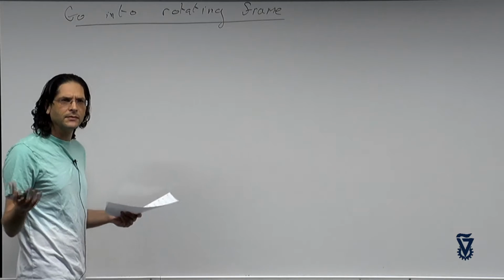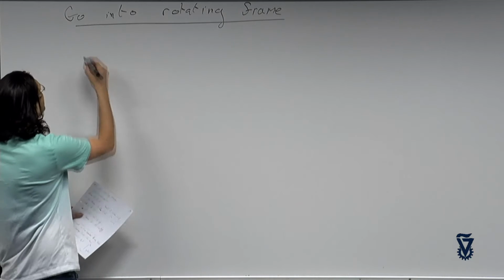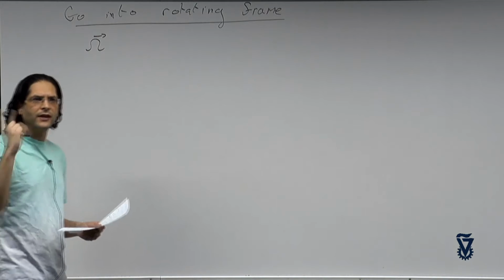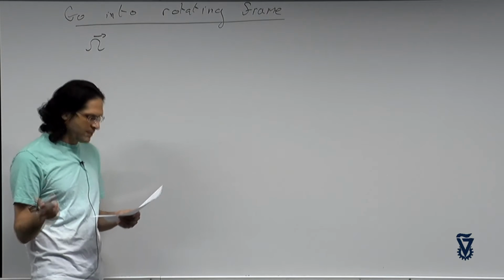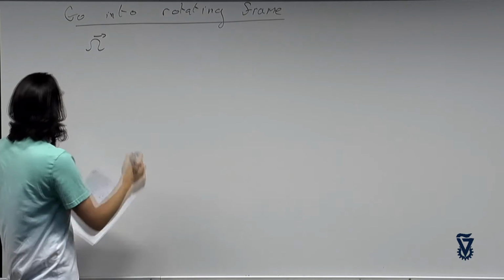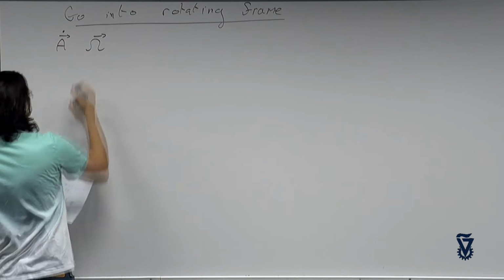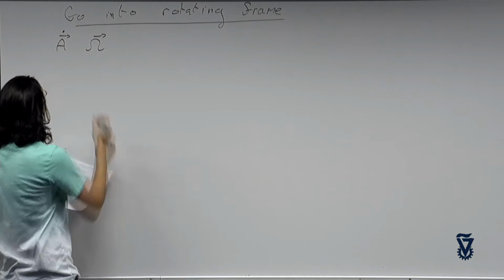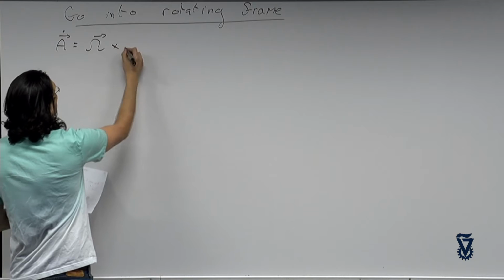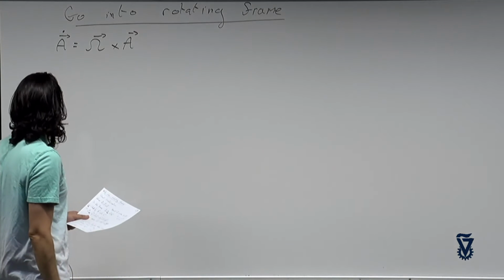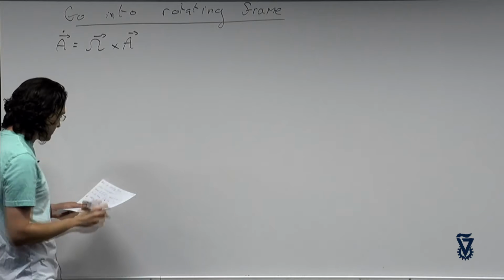You've seen this in a classical mechanics course. You define some vector omega, the vector that defines the frame that we're rotating into. Then some physical A dot will just be omega cross A. This should be familiar to you.